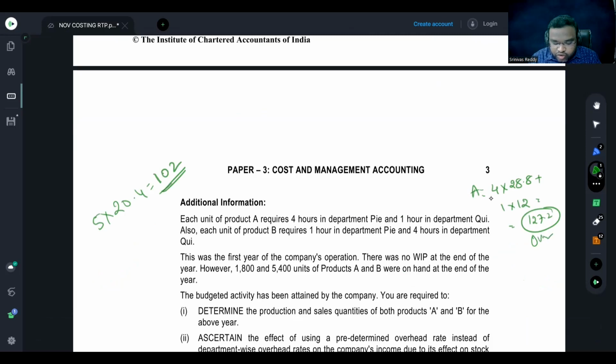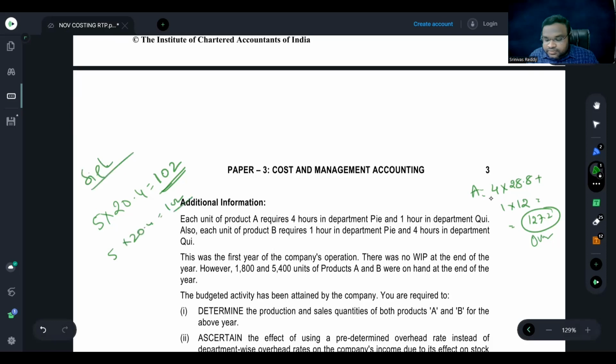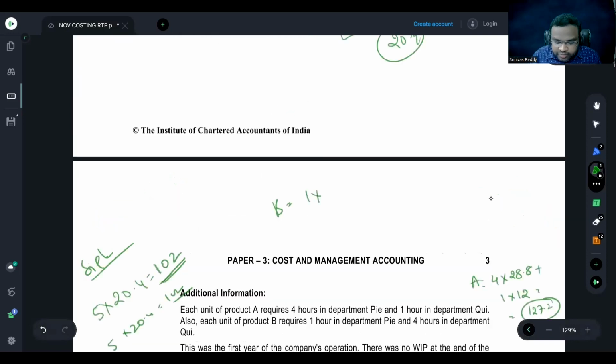Whereas each unit of product B requires 1 hour in department P and 4 hours in department Q. That means if I go with the single overhead recovery rate, 5 into 20.4, 102 is common. Whereas if I go department-wise for B, 1 hour in department P, 1 into 28.8.